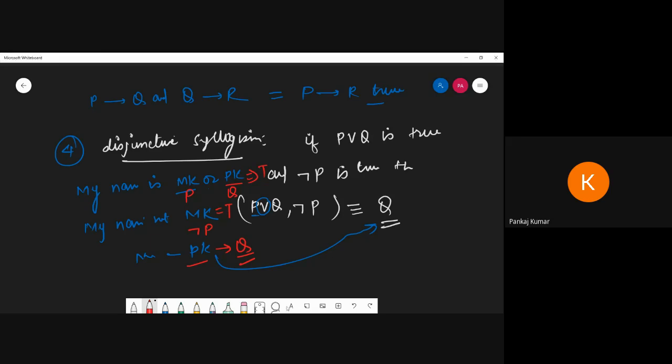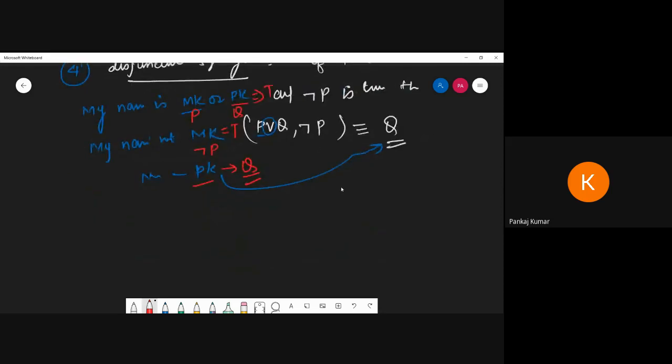So next one is called addition. Addition is very easy. If P is true, only one condition we can follow. First I have to write the name.